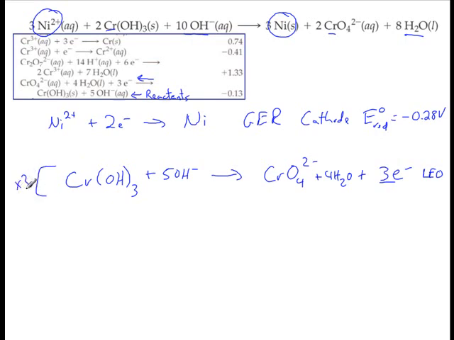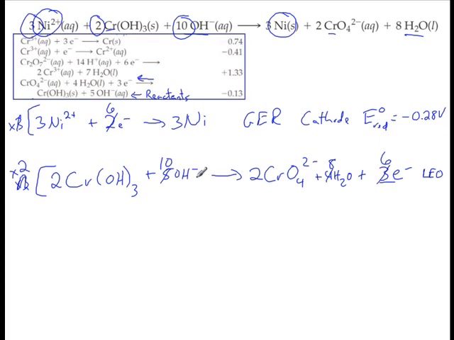You need to multiply by 3 on that one, multiply by 3 on that one, and multiply by 2 there. If you carry that all the way through the expression, you get 3, 6, 3, the coefficients that you see in the balanced equation. So it's in agreement.